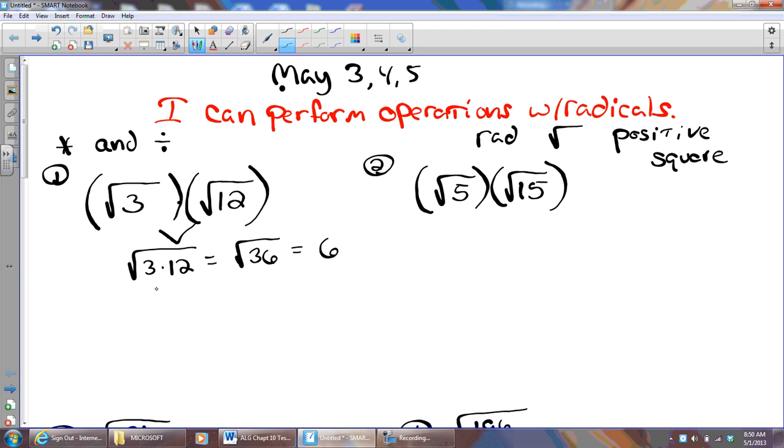It's a perfect square. But sometimes it's smarter to leave it in the multiplied form and then to break the 12 down even further. So, for example, I could break the 12 down into 3 times 2 times 2. Okay. Now in this problem, I don't think this is a great way to do it, but it works. So I've got a pair of 3s.